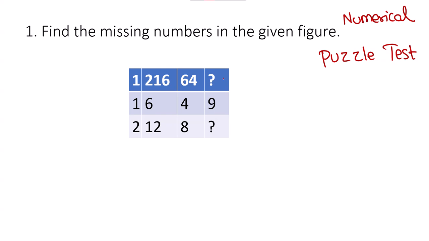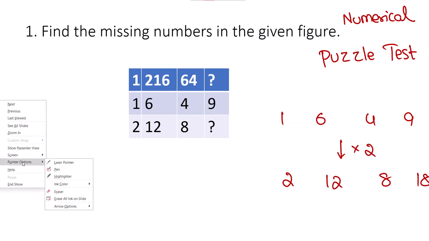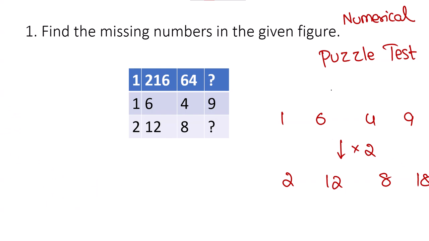What is that? The middle row is double of the row above it, which is 2, 12, 8, 18, whereas the above row is the cube of that: 1 cube, 6 cube, 4 cube, 9 cube.